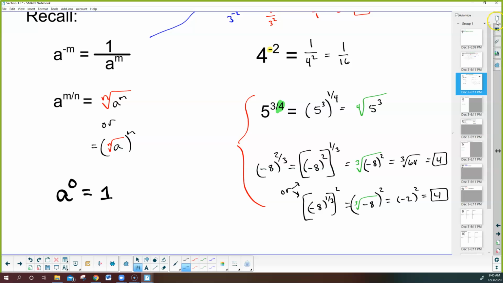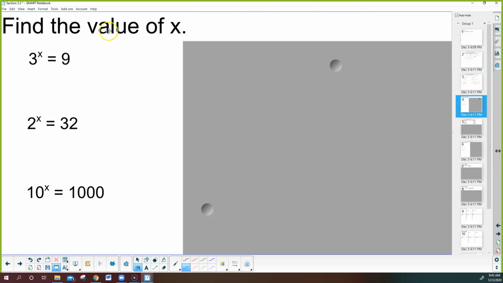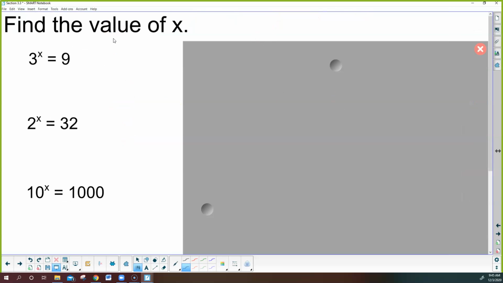Okay, so we need those rules today to help us work through this idea of logarithms. And I'm going to paint a picture here. Don't write this slide. I just want you to think of it, because we're going to go through it real quick. If I ask you to find the value of x, actually right now for a number, this first one, I want you to put your answer in the chat.